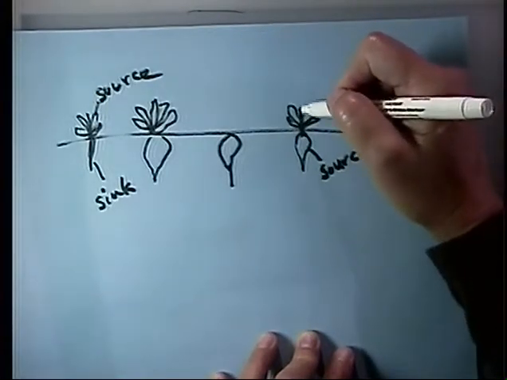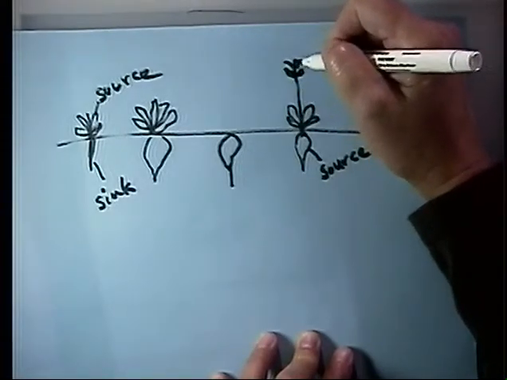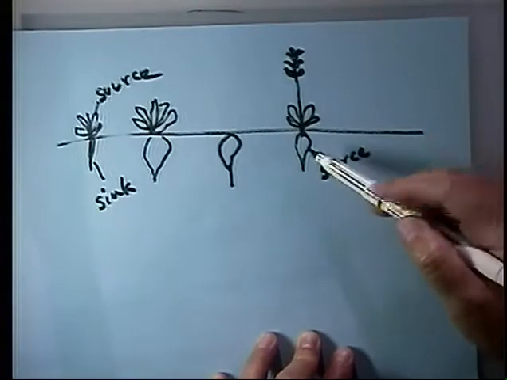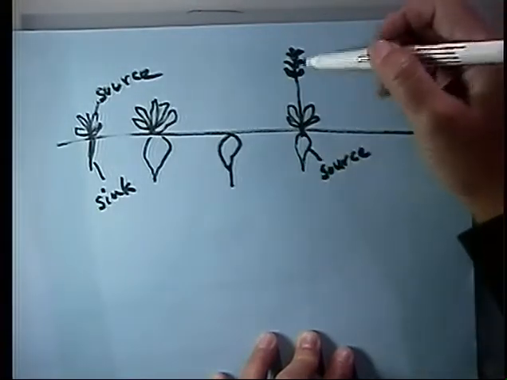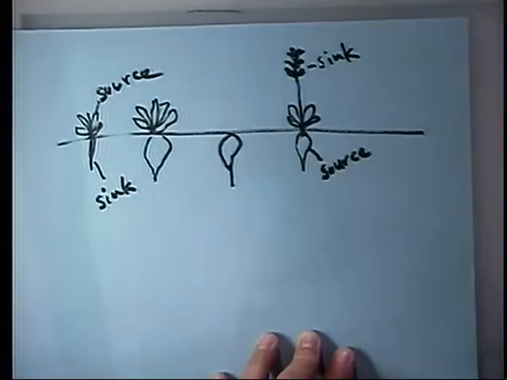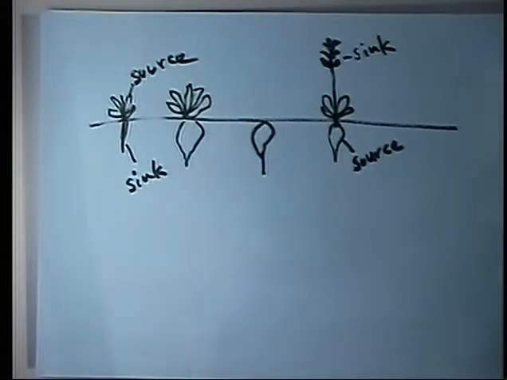What's serving as a sink in this case is the leaves, and also in the second year of growth, you have an inflorescence, flowers blooming. So in this case, the source is a root, and the sink is the flowers, or the inflorescence. So you can see that it will change depending on what part of the life cycle the plant is in.